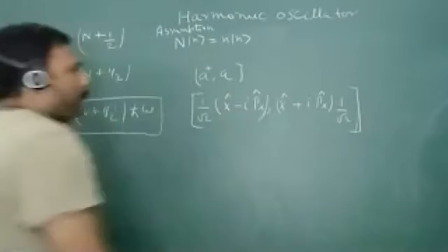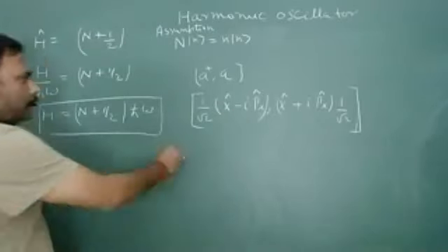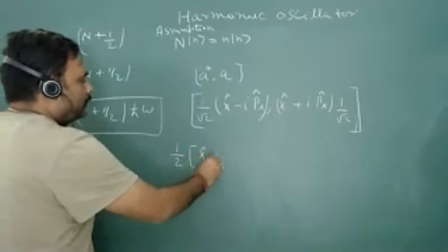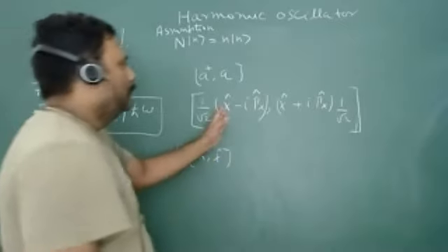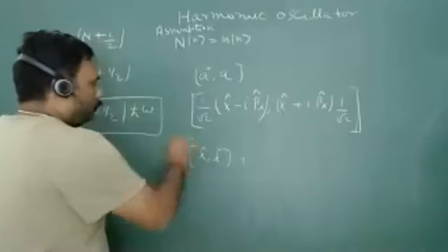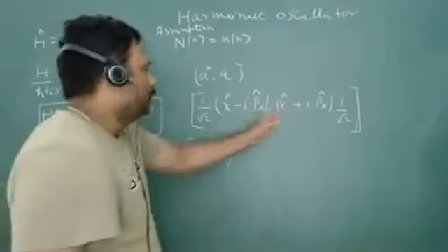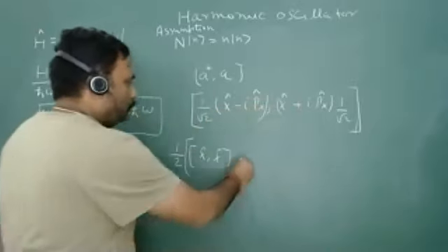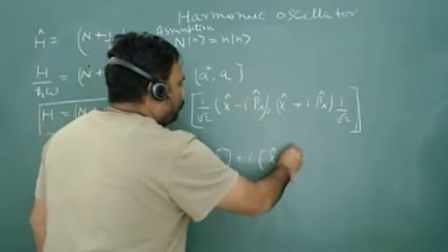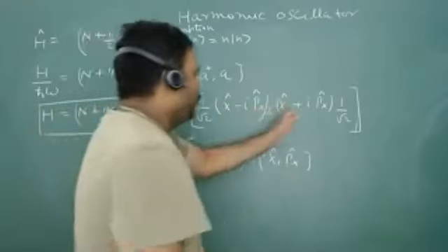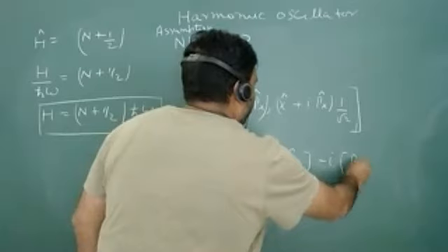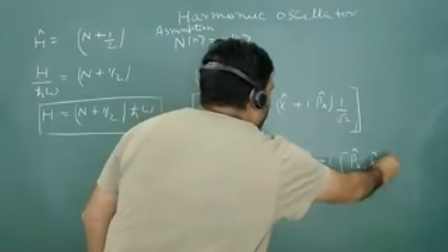Okay, so 1 by 2 will come outside. What do we have? x and x commutation. Second, x and px commutation, so plus i x cap and px cap commutation. Then px cap and x cap commutation, minus i px cap and x cap commutation.